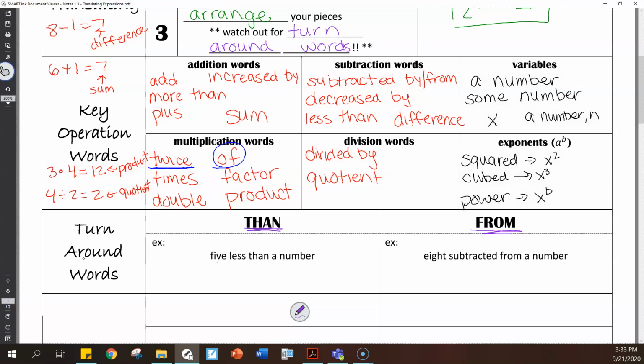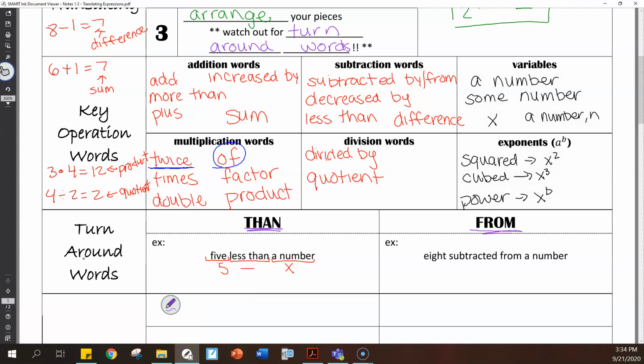So this says 5 less than a number. Okay? I can change out my operation words, so 5 becomes 5. Less than tells me to multiply. A number I'm going to represent with x. So 5 less than a number. Okay? But less than is a turnaround word. Than tells me I need to flip those things.